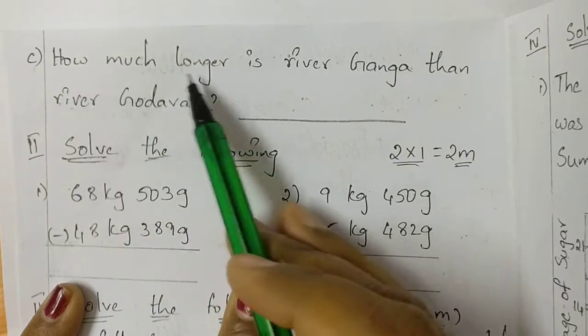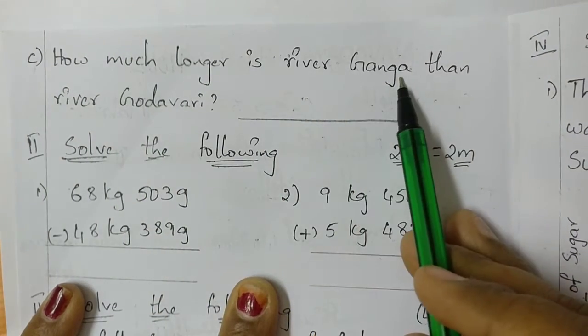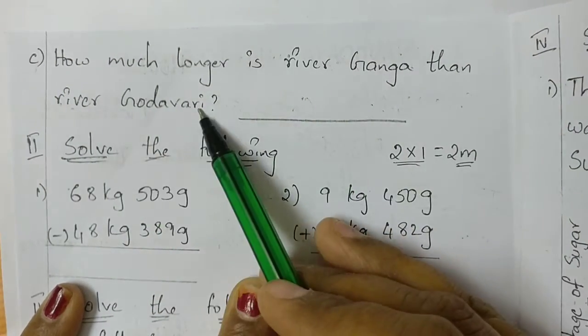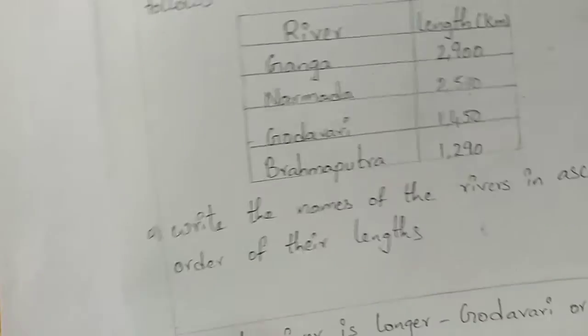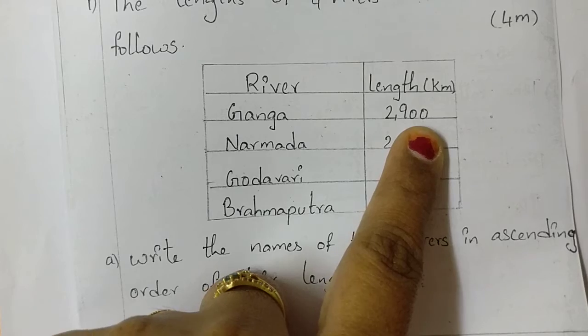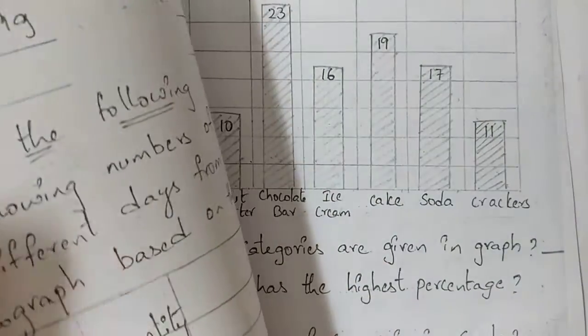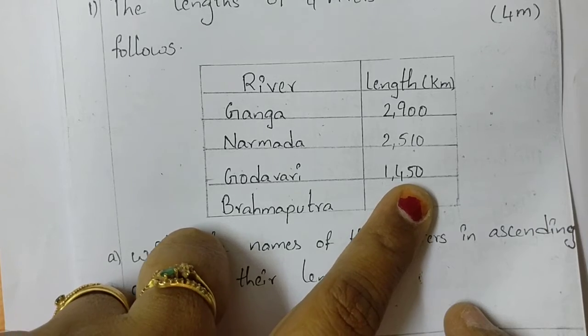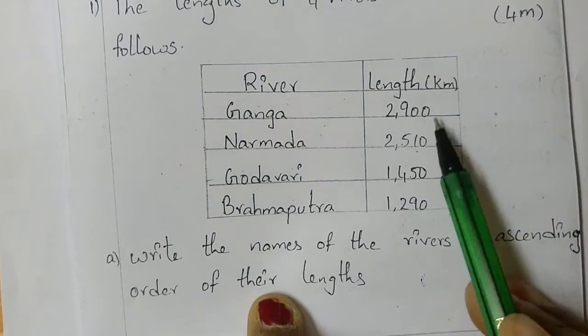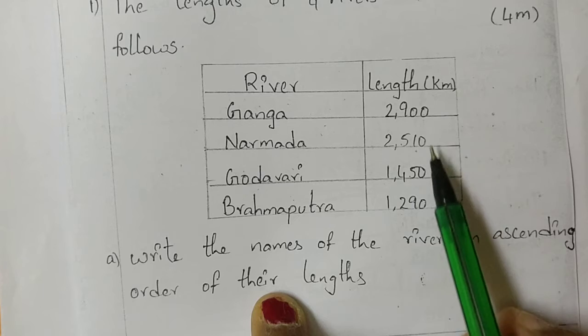Next, how much longer is river Ganga than river Godavari? See children, Ganga how much? 2900. Next, Godavari how much? 1450. How long they are asking? So what we have to do? We have to subtract.